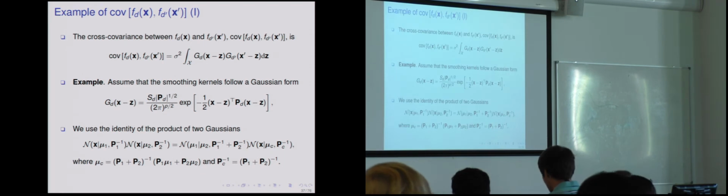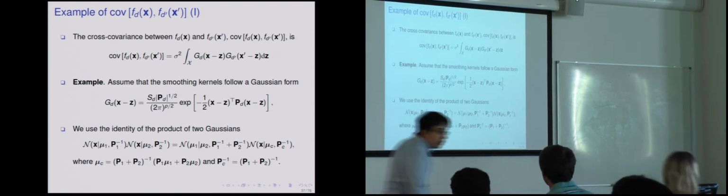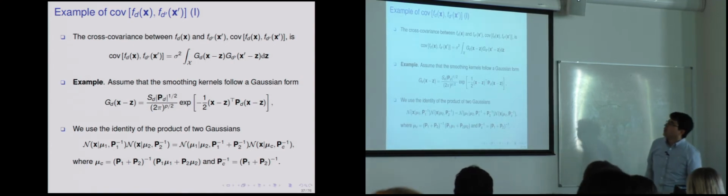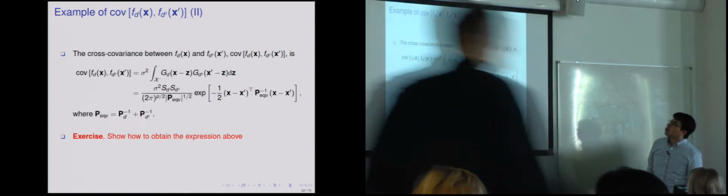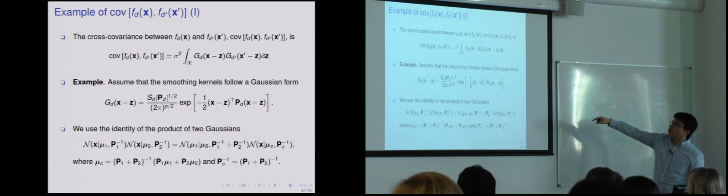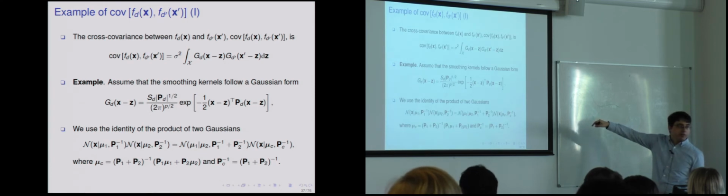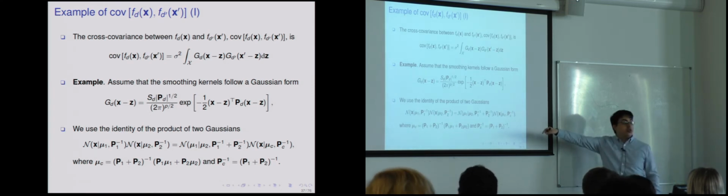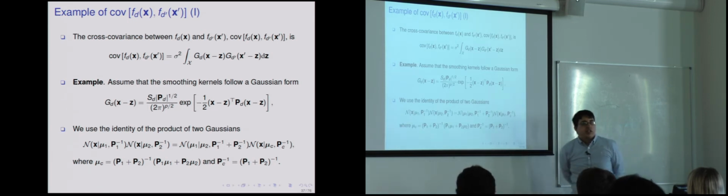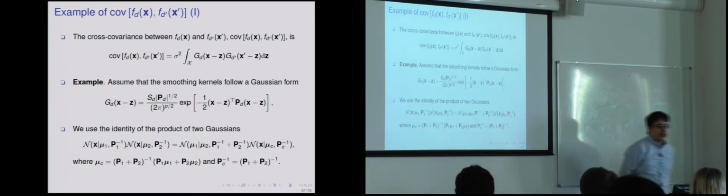So you have to get to this expression, starting from this one. Is it clear what you have to do? It's just 2 lines. I want to see you working a bit.